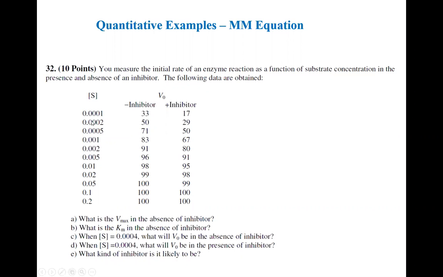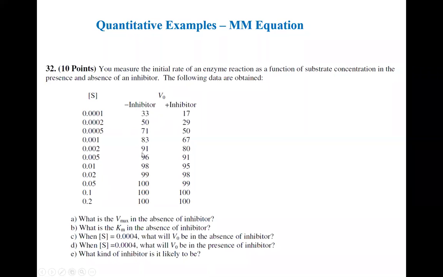Somebody did this reaction where they took different substrate concentrations and measured the initial rate. They measured the initial rate in the presence of an inhibitor, which is on the right-hand side, and in the absence of the inhibitor, in the one shown here in the middle column. If it was the no-inhibitor reaction, it will be simple S versus V, right?